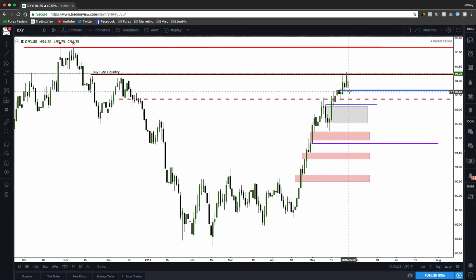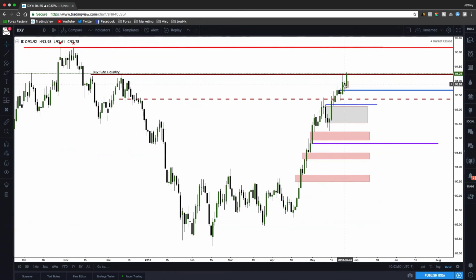I wouldn't say switch the bias overall to bearish, because we still would have to break at least this low here in order to break structure on the daily. If we break this low, that would confirm a lower low. But if we break below here, that will indicate at least a short-term retracement on the dollar index.